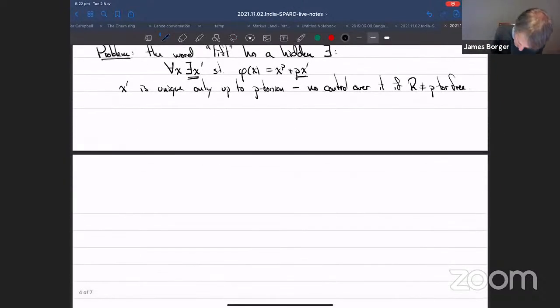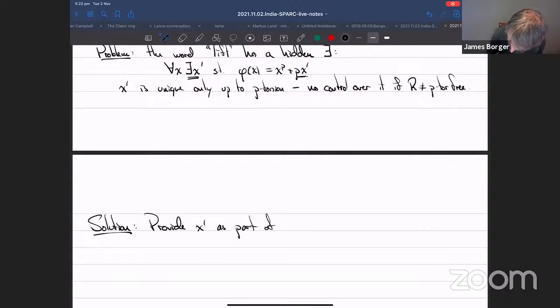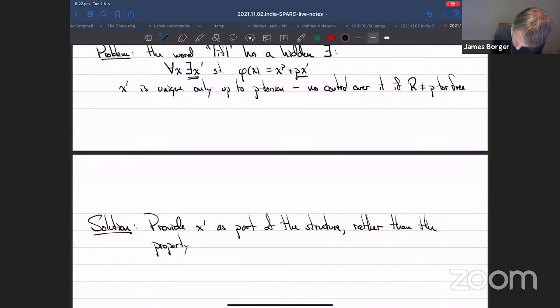Okay, so what's the solution? The solution to our problem is we provide x prime as part of the structure, rather than the property of its mere existence. So we had a property that something exists before, and now we're going to provide it as part of the data.